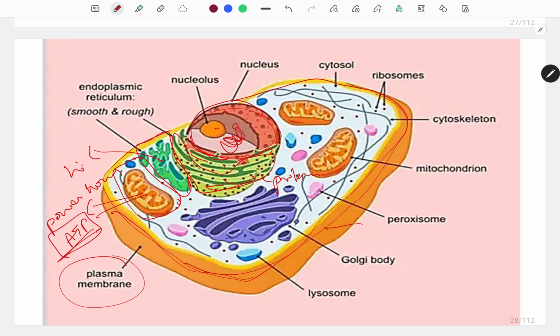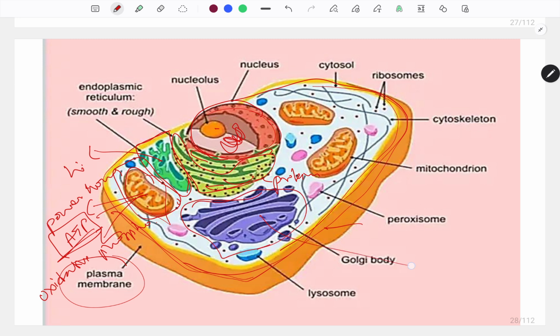The process with which these ATPs are produced is oxidative phosphorylation. And in one cell, more than 10 to 12 mitochondria are present.